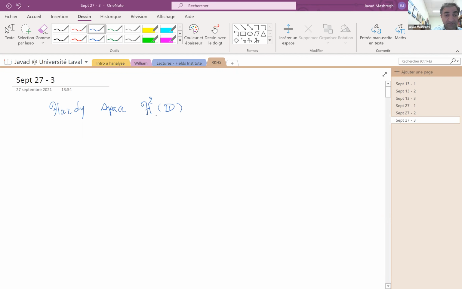Here is the definition. H2 is defined to be the space of functions f with the power series expansion sum a_n z^n, such that a_n is in little l2, or the sum from n=0 to infinity of the absolute value of a_n squared is less than infinity.